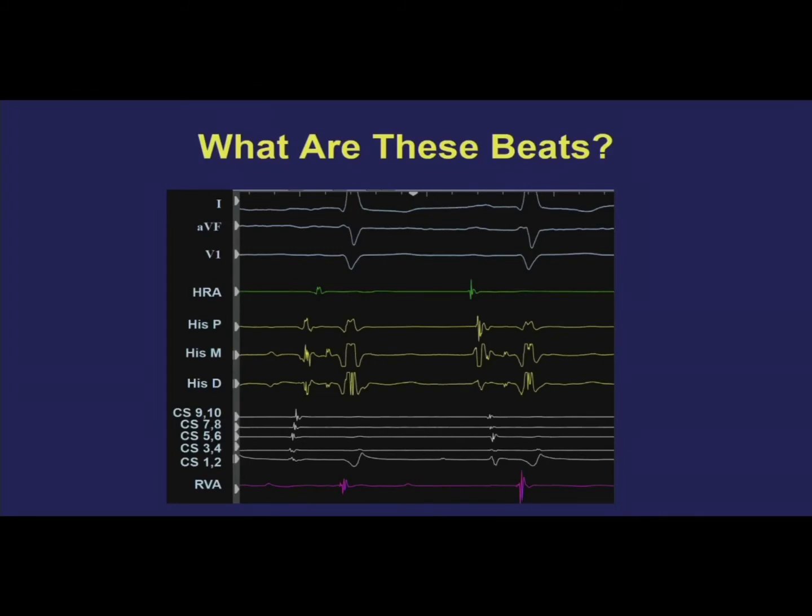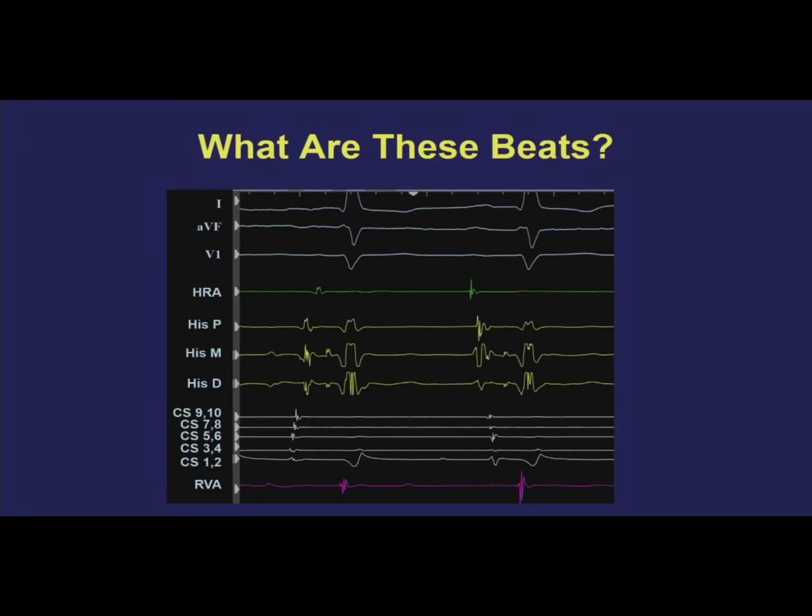There's another really key point that gets us back to basics. What were you going to say? The A on the His is activated before the HRA, which is not surprising if you have a signal coming from the left atrium to the septum, where the His is, and then to the lateral right atrium. So you might see that in either case.